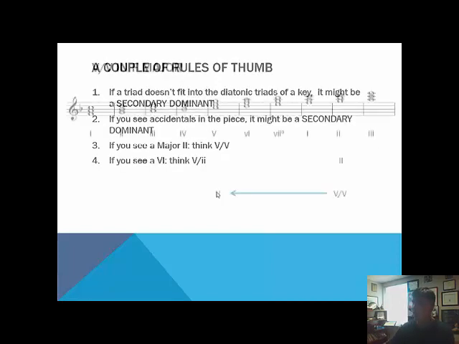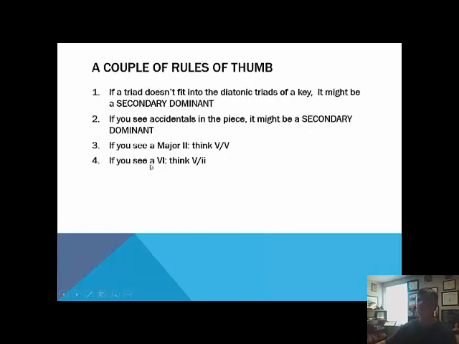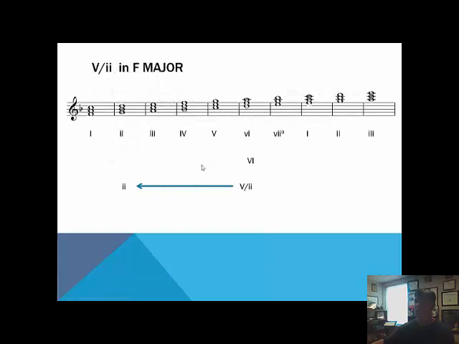Now, are there other secondary dominants? Absolutely. So we can start thinking, okay, there's other places that we might see this. For instance, if you see a 6 chord in the major mode, then you might think, well, I wonder if it's a 5 of 2. And we'll just show you here. Here's your minor 6. If it's a major chord triad, then think, okay, I wonder if it's a 5 of 2.